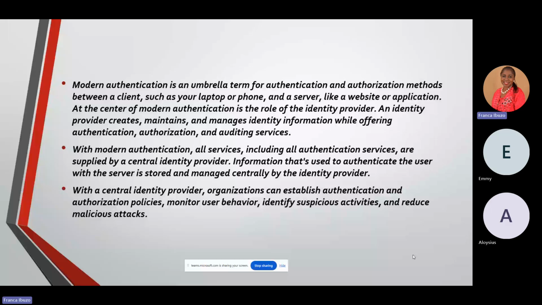So with a central identity provider, organizations can establish authentication and authorization policy, monitor user behavior, and identify suspicious activities and reduce malicious attacks, because you have a central identity provider.